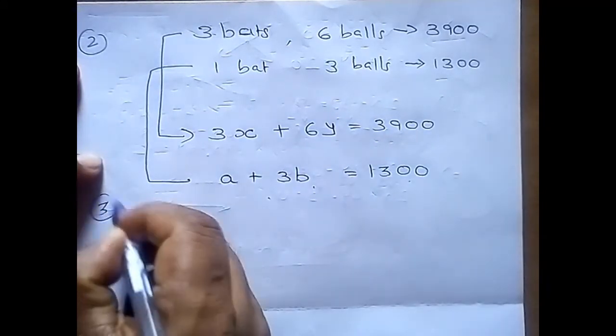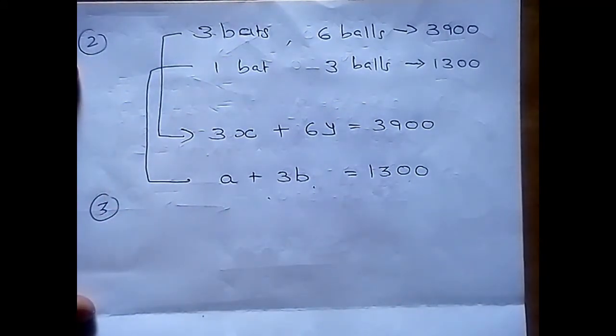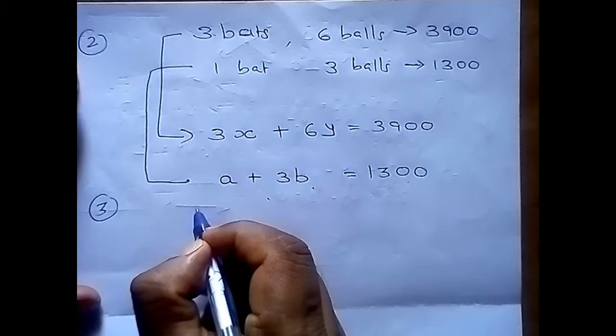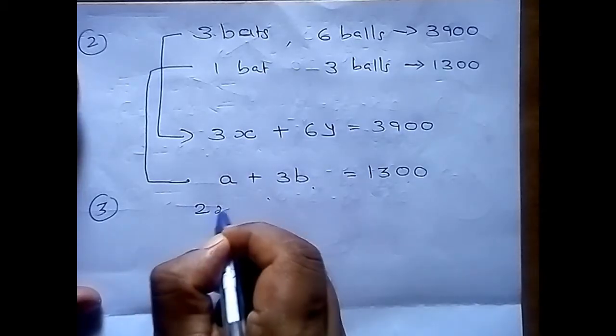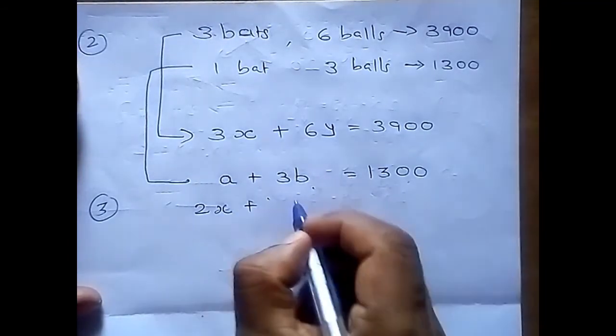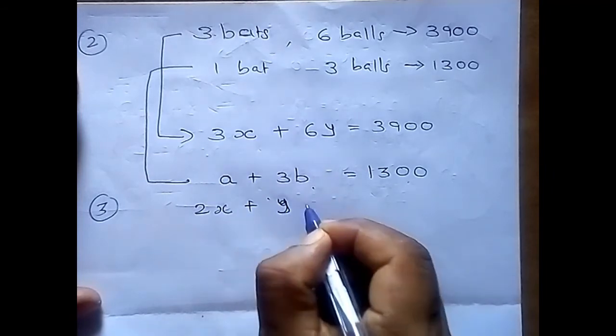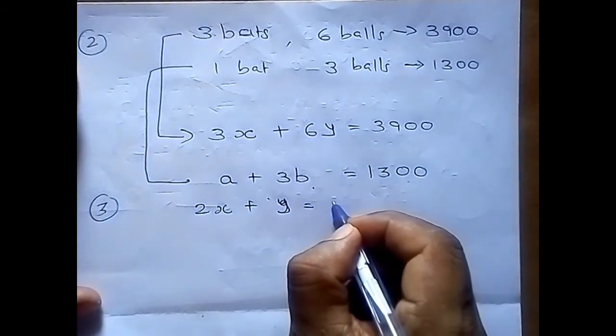Now question number 3. The cost of 2 kg of apples and 1 kg of grapes on a day was found to be 160. So apple we take as x, so 2x plus 1 kg of grapes, 1 y, is equal to 160.